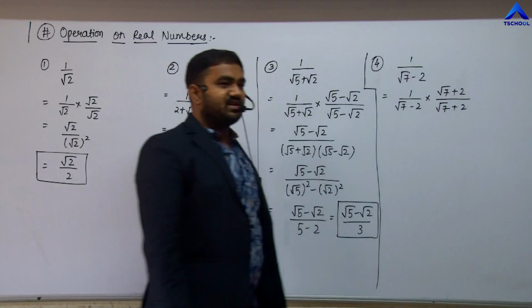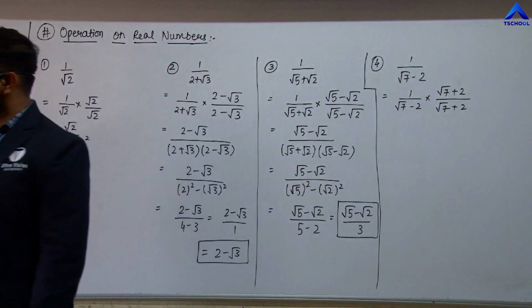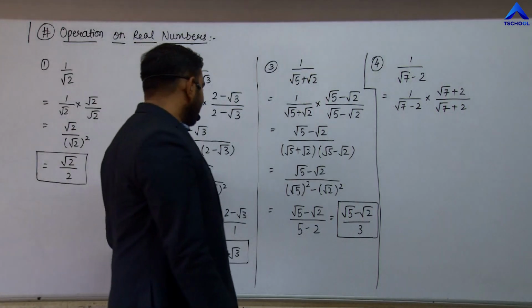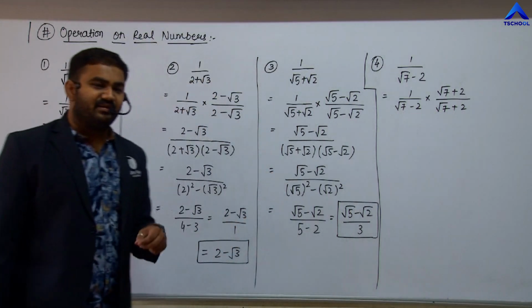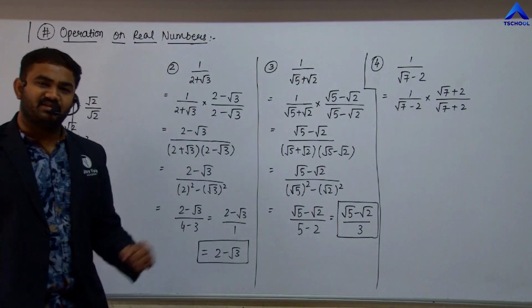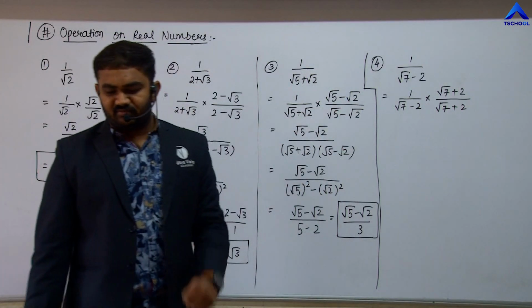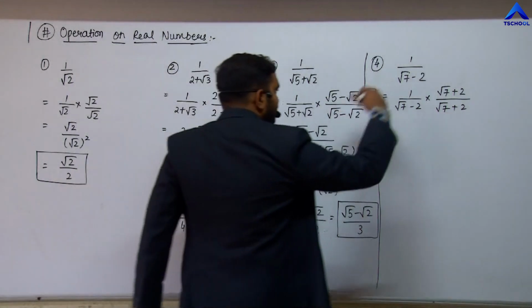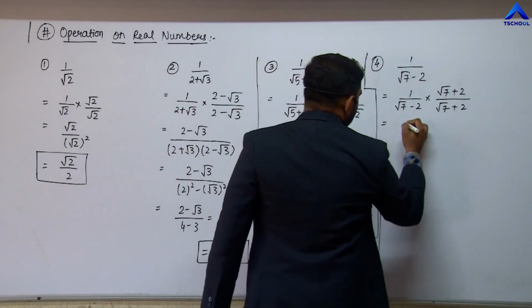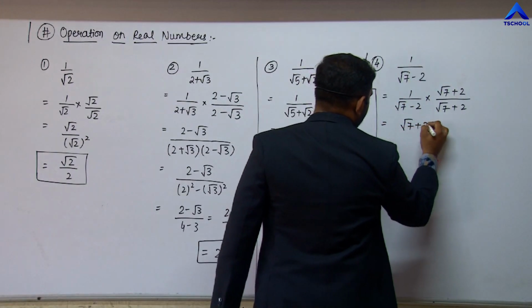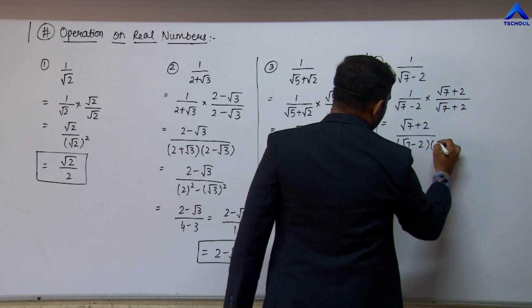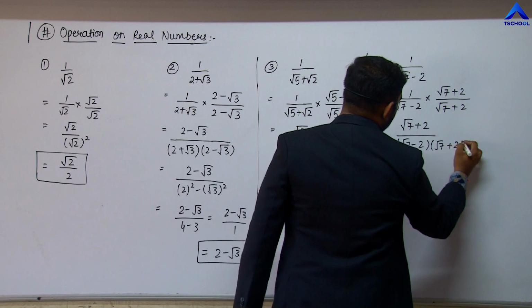As I said, we shall look at the sign of the second term and we shall change it. In examples number 2 and 3 we had the sign of the second term as plus, but now in this question we have the sign of the second term as minus, so this will be changed to plus. That gives us root 7 plus 2 upon root 7 minus 2 into root 7 plus 2.